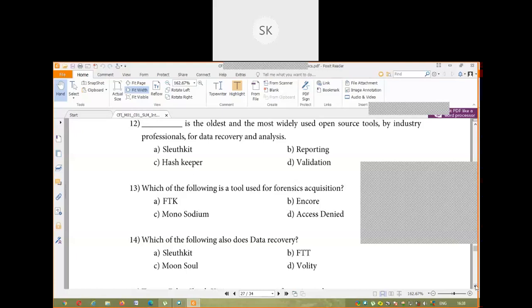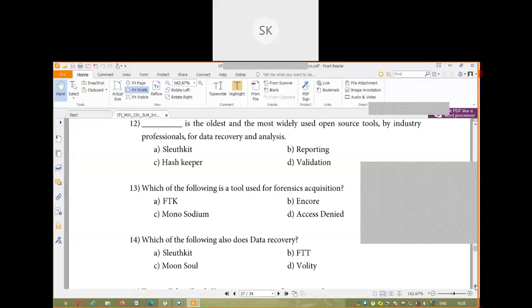And the last one, 14. Which of the following also does data recovery? Maybe they are asking not about A, except A. All yes, they are mentioning also.